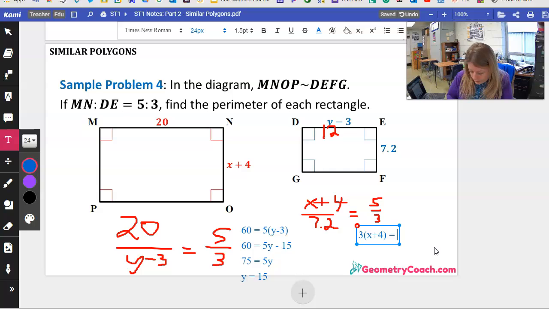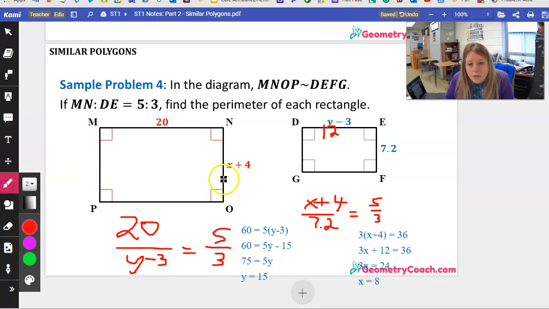No, 5 times 7.2. 36. So 3x plus 12 equals 36. 3x equals, take 12 away, 24. So x equals 8. So then this missing side over here is also 12. So 12 over 7.2 is 5 over 3.